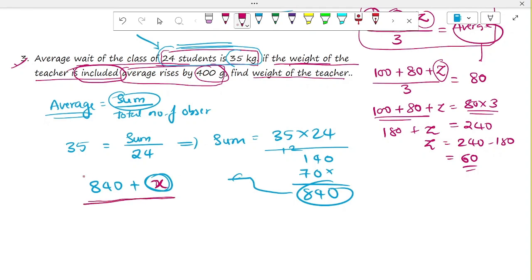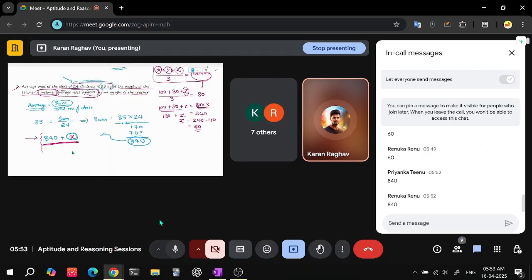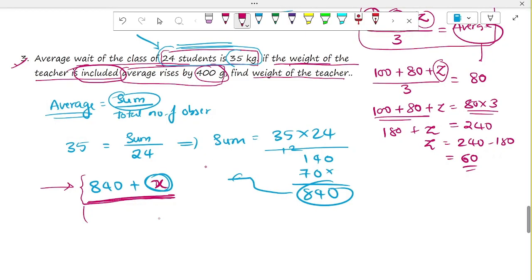And to find the average, we will require the total sum divided by the total number of observations. This 840 is of 24 students, and this X is of the teacher.